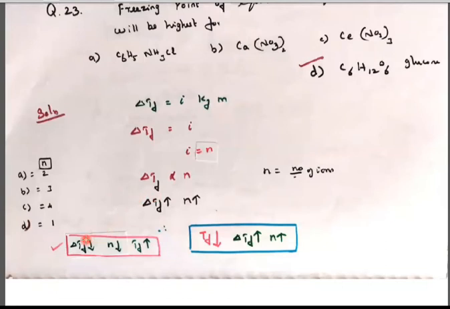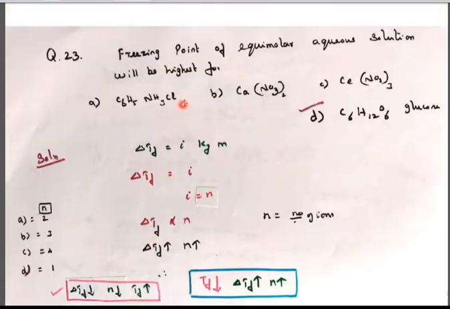Here the others are 2, 3 and 4, and here only 1. So the least value is the last option. As the number of moles decreases, the number of ions decreases, delta Tf also decreases, but Tf increases.